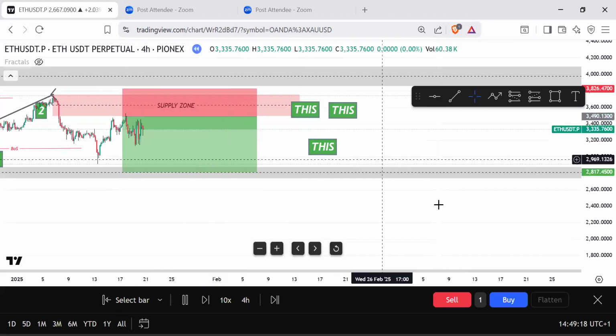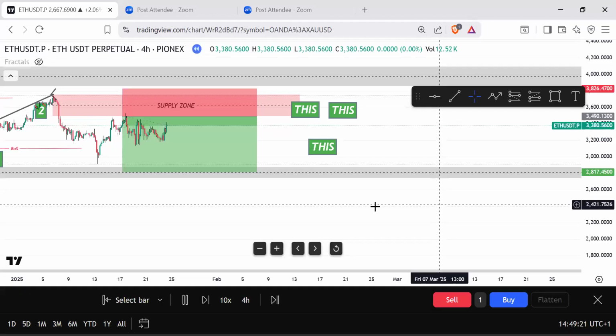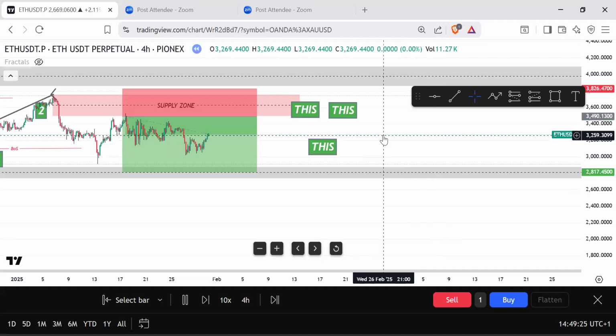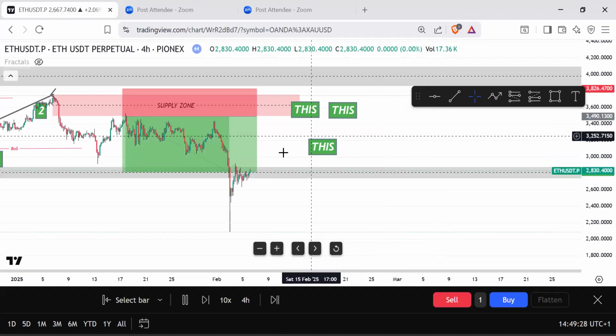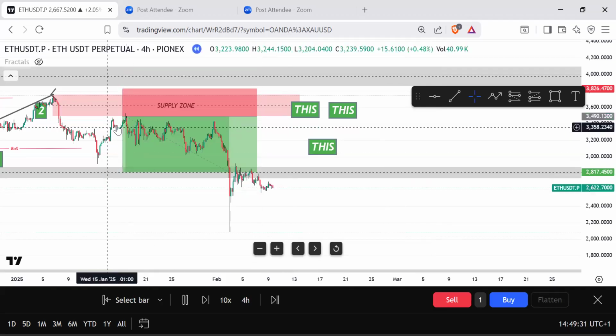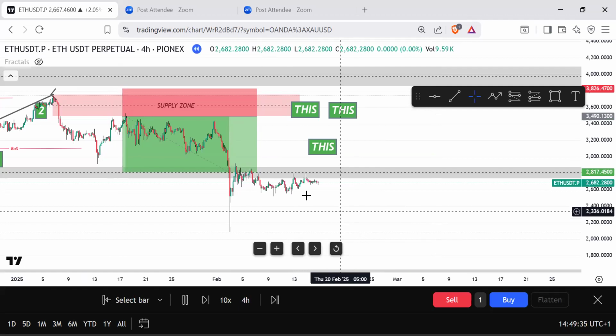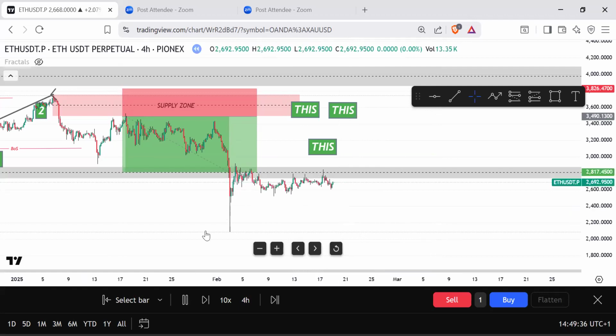It triggered. So that's one of the advantages of a limit entry. But you can also enter another way, and I'll show you.